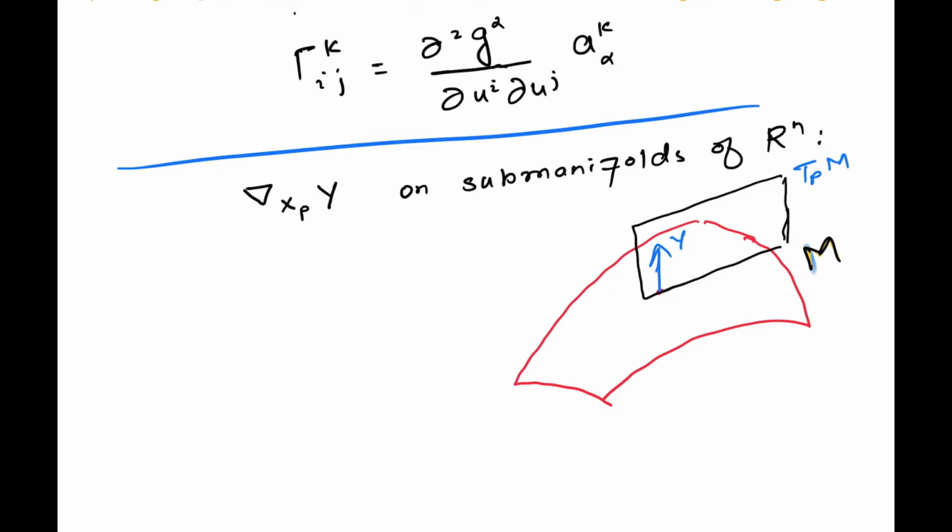Also I have another vector here in this direction, X_p.